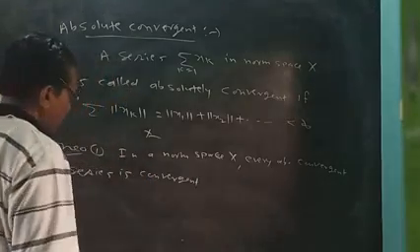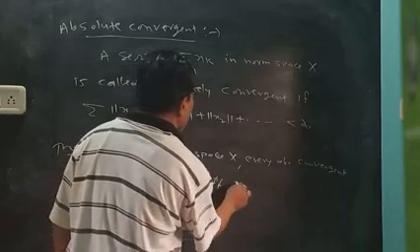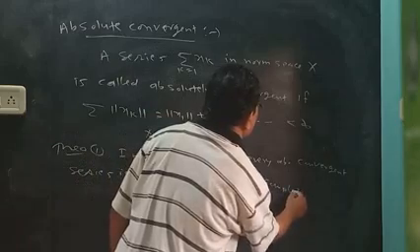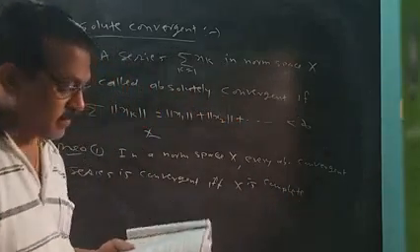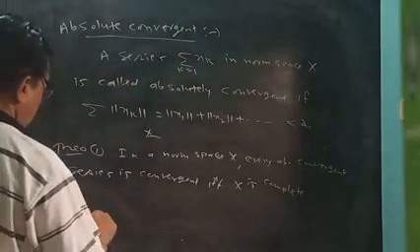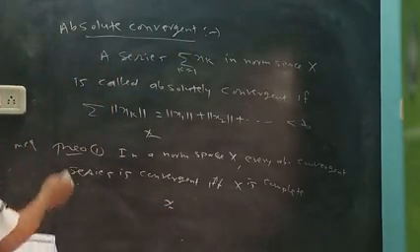Absolutely convergent will be convergent if and only if this X must be a complete space. Complete means every Cauchy sequence will be convergent. Okay, every Cauchy sequence will be convergent. So then we will take the proof for MCQ.